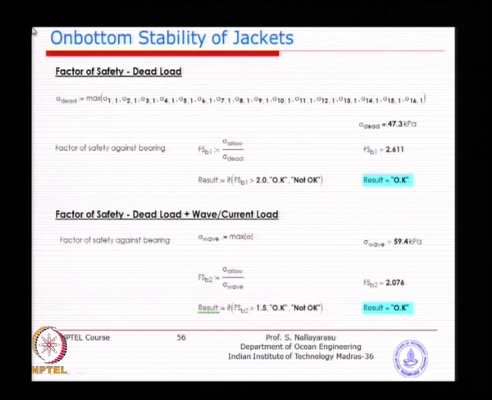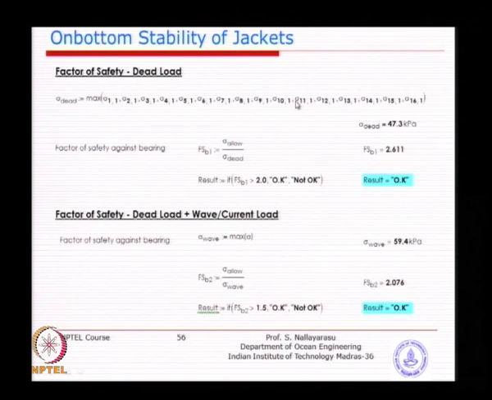So, you take the maximum bearing pressure for the dead load case among the 16 points, which is about 47, and the maximum bearing pressure including the wave effect, which is for the last 3 load cases. The ultimate bearing capacity divided by the applied pressure gives you a factor of safety of 2.6, and we require a factor of safety of 2 minimum.